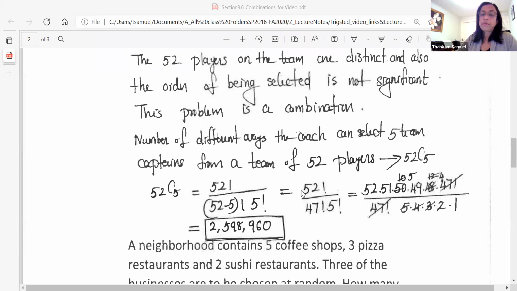To evaluate this, we can rewrite 52 factorial as 52 times 51 times 50 times 49 times 48 times 47 factorial, so that it will cancel with the 47 factorial in the denominator. Then we can write 5 factorial as 5 times 4 times 3 times 2 times 1. When we simplify this, we'll get 2,598,960. So the number of different ways the coach can select 5 team captains from a team of 52 players is 2,598,960.